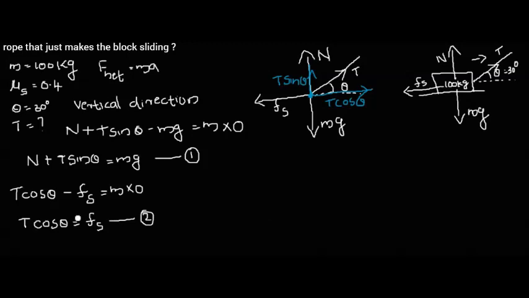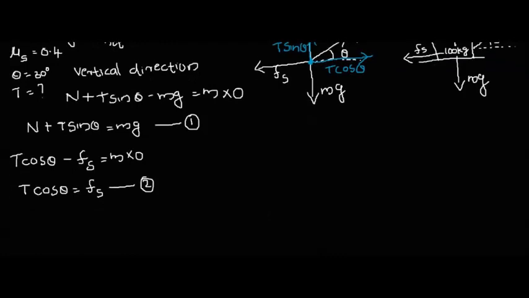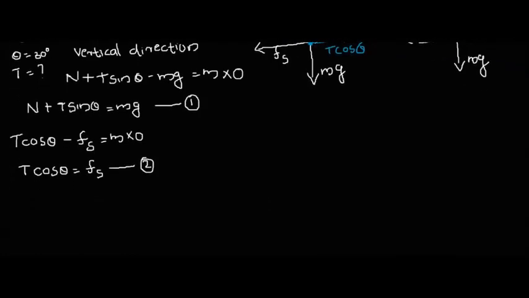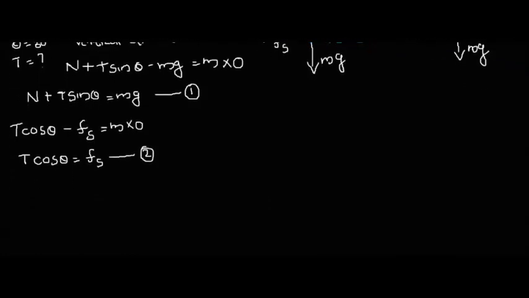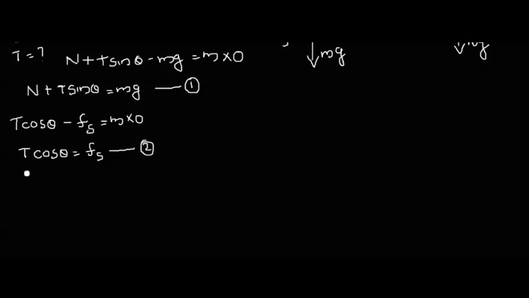But the value of Fs is not known. The theta given is 30 degrees, but the value of Fs we have to find out. What is Fs here? We have to calculate the minimum value of tension, so we have to take the maximum value of static friction. The maximum value of static friction we can calculate using the formula Fs is equal to mu s into N.